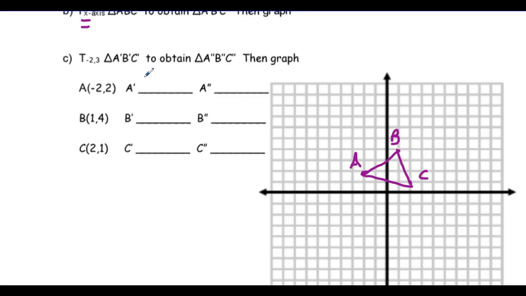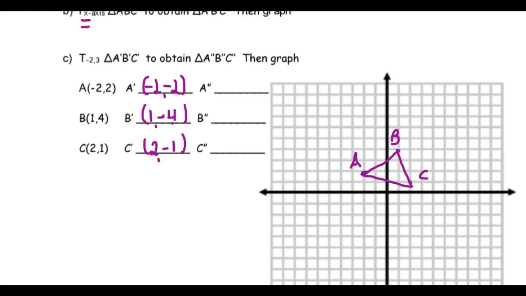I'm just going to change my ordered pair since I have to write them anyway. Reflecting in x means I change y. I'll have negative 2, negative 2, 1, negative 4, and I'll have 2, negative 1.